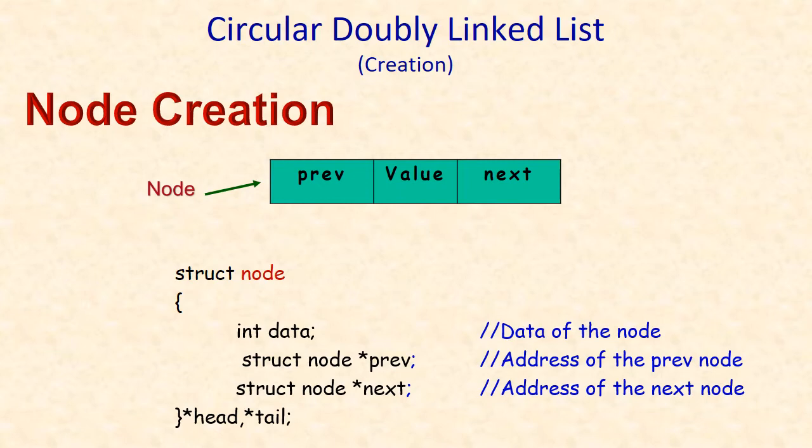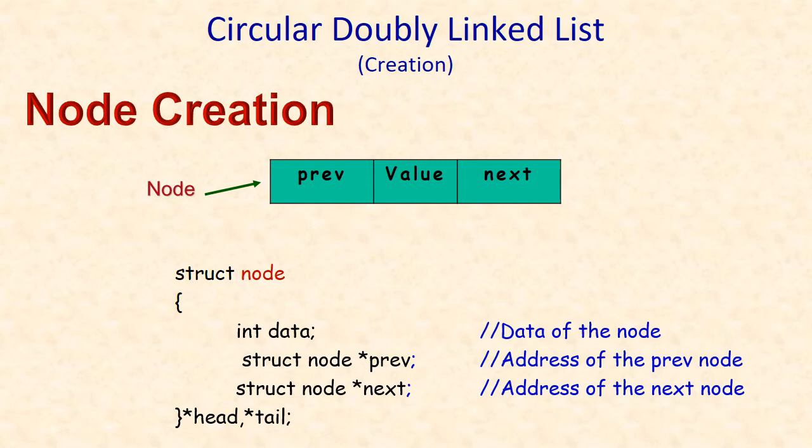So if you have a list of nodes, one node will hold its own data value and the address of the previous node as well as the address of the next node. This is how a doubly linked list node exists.